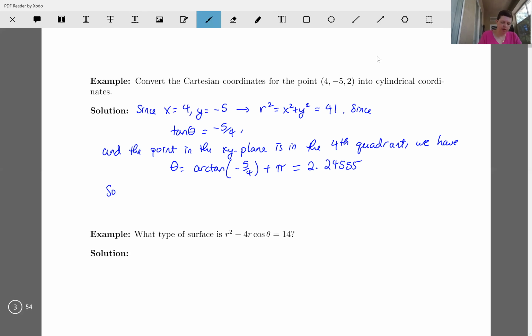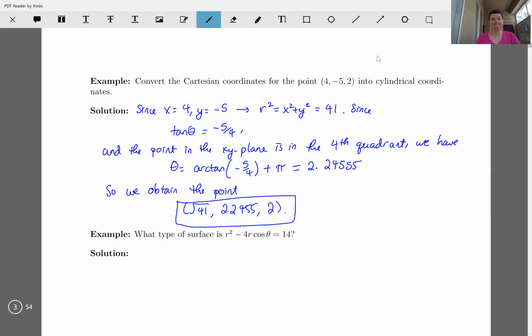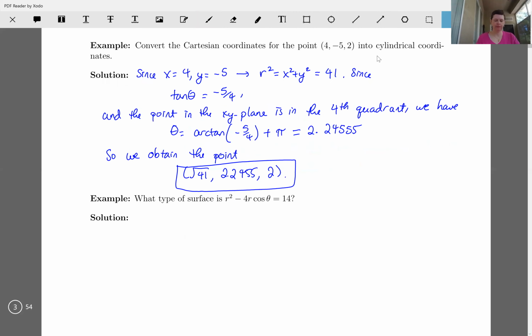So we obtain the point: r is the square root of 41, theta is approximately 2.2455, and z is just z, which is 2. And that's all she wrote.